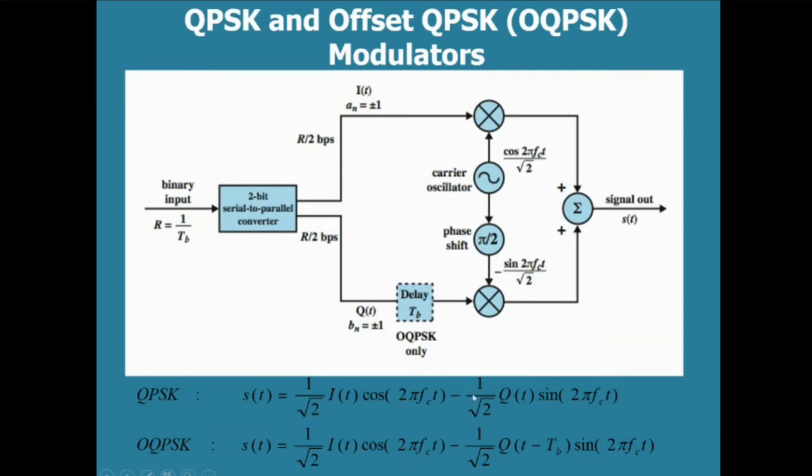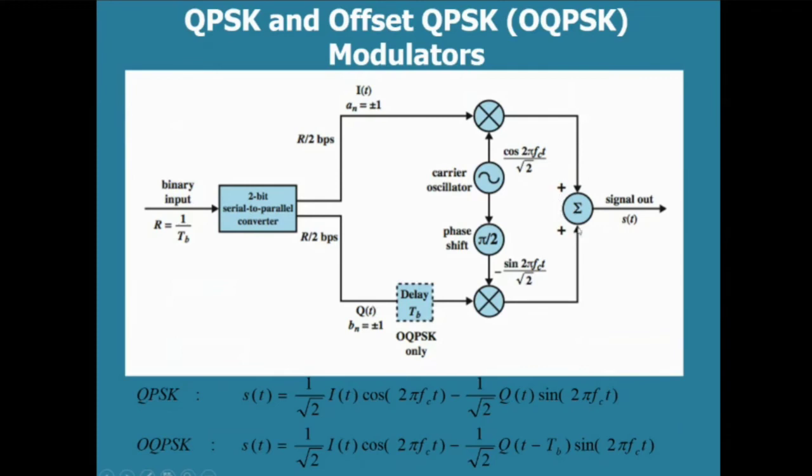This is the second term. Here it is a product modulator. The quadrature component q of t, with bit element equal to plus or minus 1, is your message signal, which will be multiplied by your carrier signal. Here it is a minus symbol, so minus q of t sin 2 pi fc t divided by square root 2.